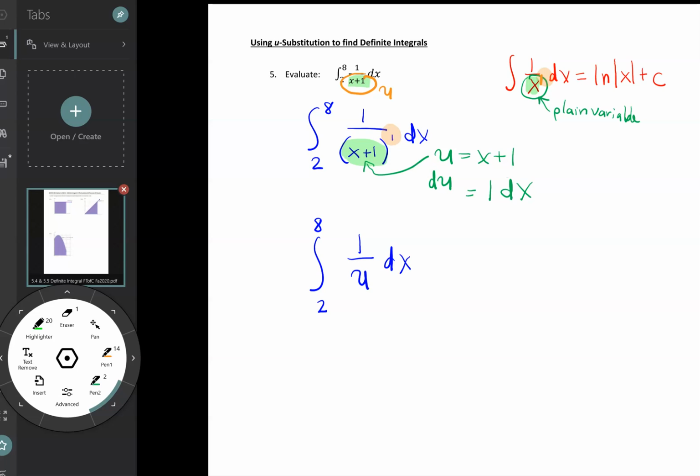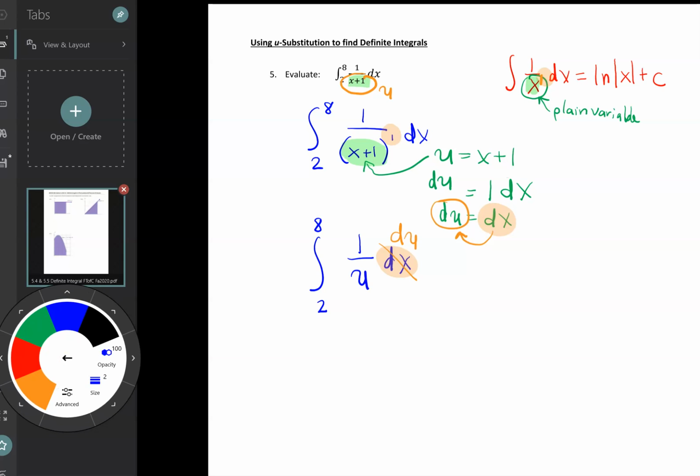You don't really need it, right? So du is just equal to dx. So whenever I see this dx, I can swap it out directly for a du. So this dx right here swaps out directly for a du. Nothing new here. This is all stuff you've been doing.